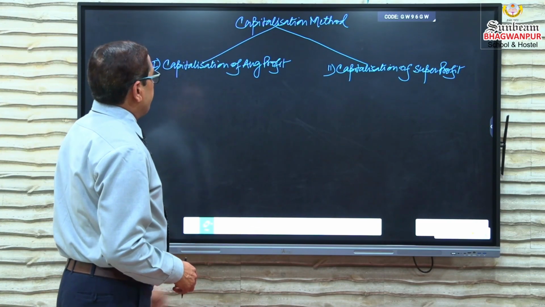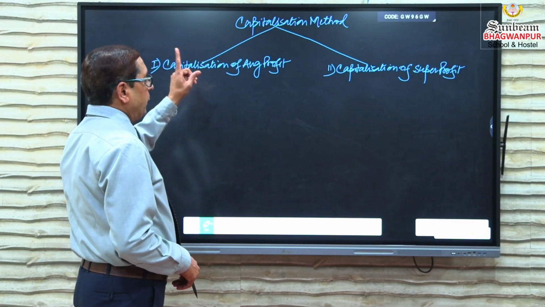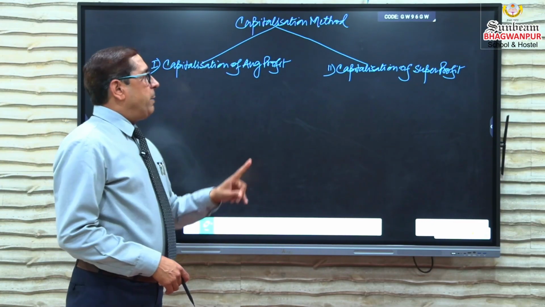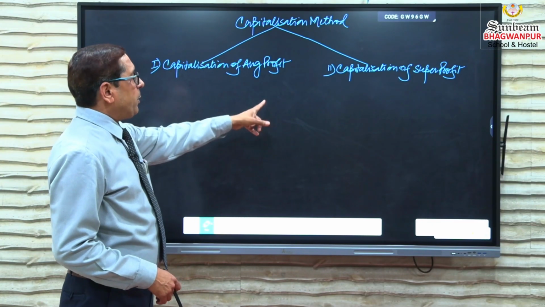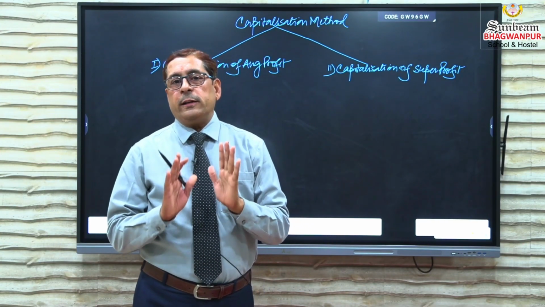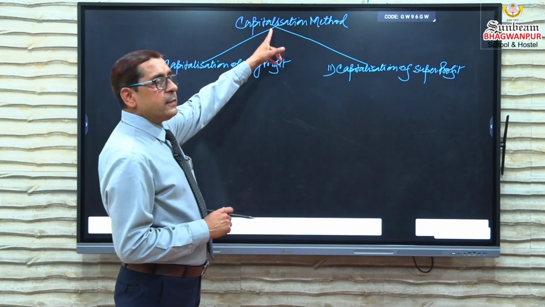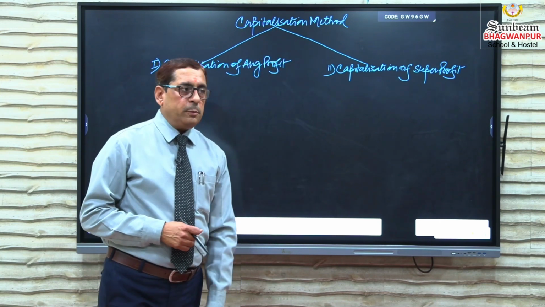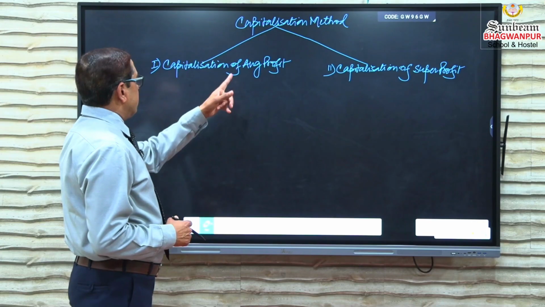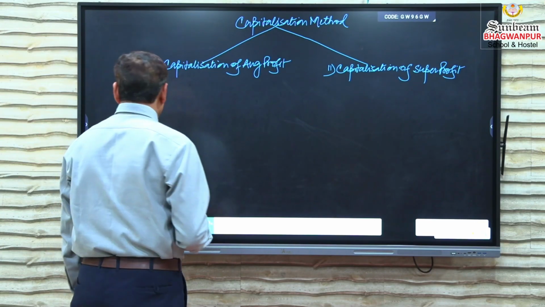Let's take the first one. Either you will calculate the amount of goodwill by using capitalization of average profit or capitalization of super profit. Both ways you are getting the same answer because the method is the same, that is the capitalization method. Now in this capitalization of average profit, what to do?